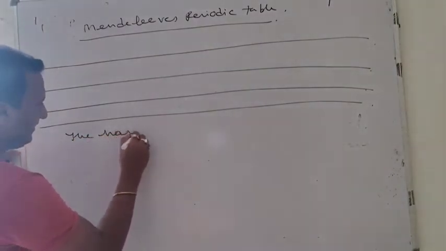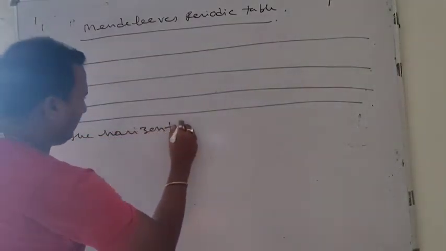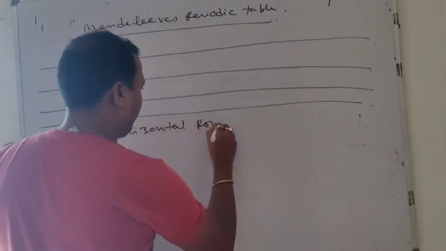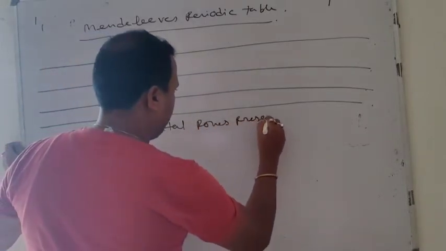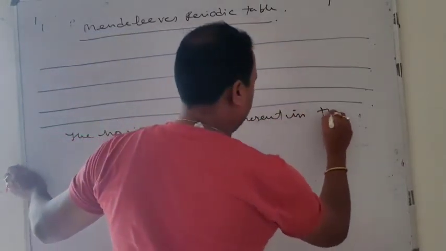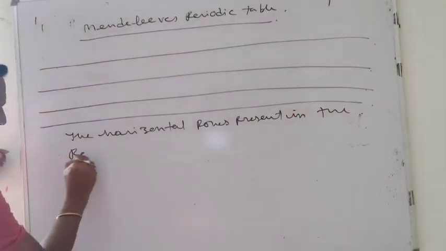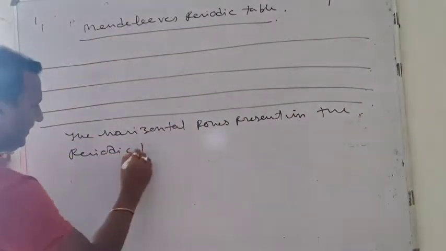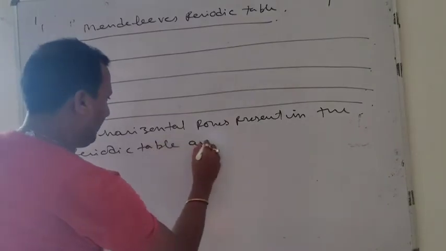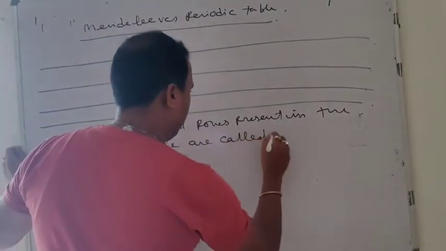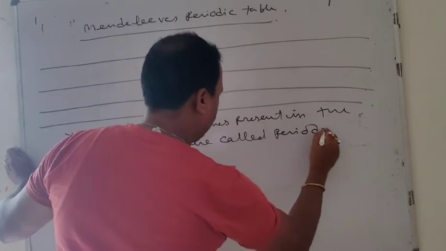The horizontal rows present in the periodic table are called periods.